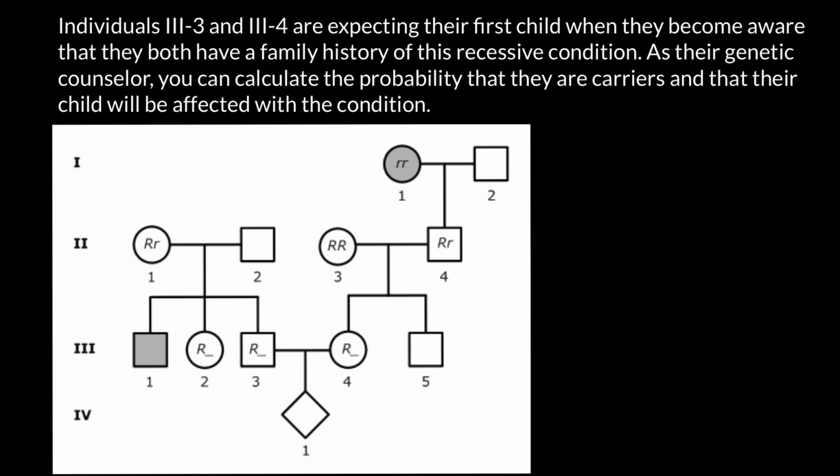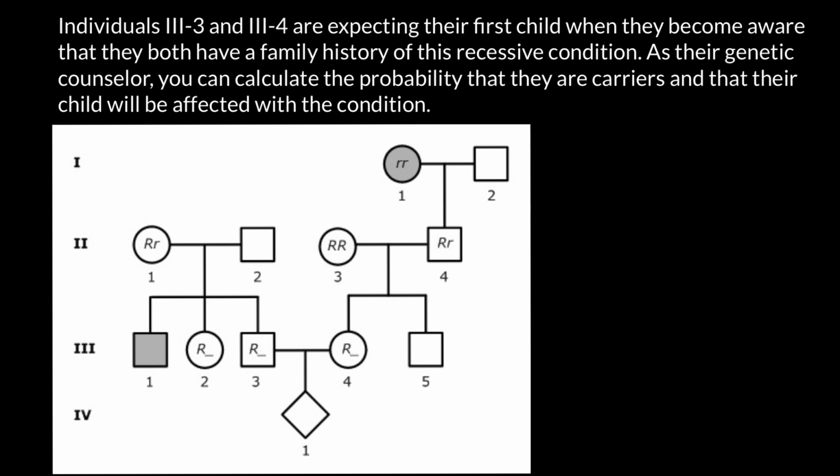In order to find the probability for the unborn child, that's why we use this sign, to be affected, we have to find the probability for the parents of this child to be carriers. We know that the phenotypes are normal, and the only way that child would be affected is if he would inherit two recessive alleles.